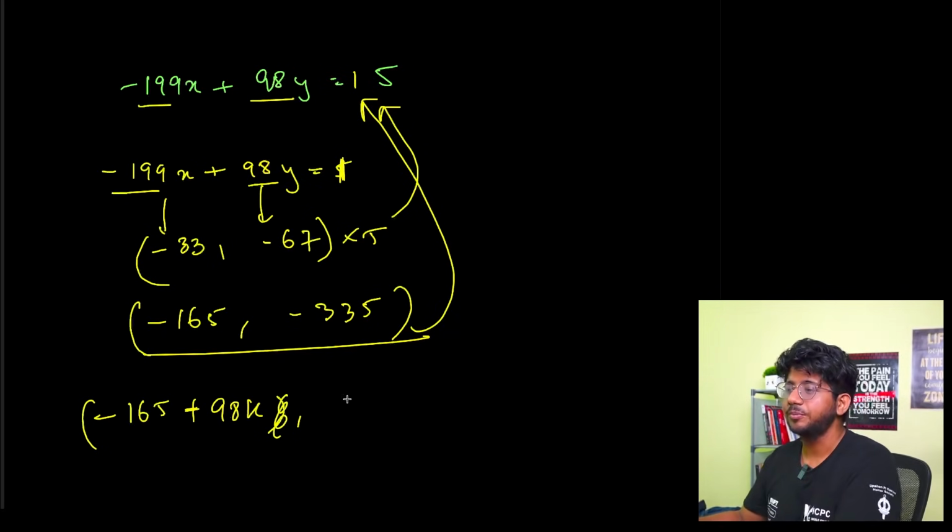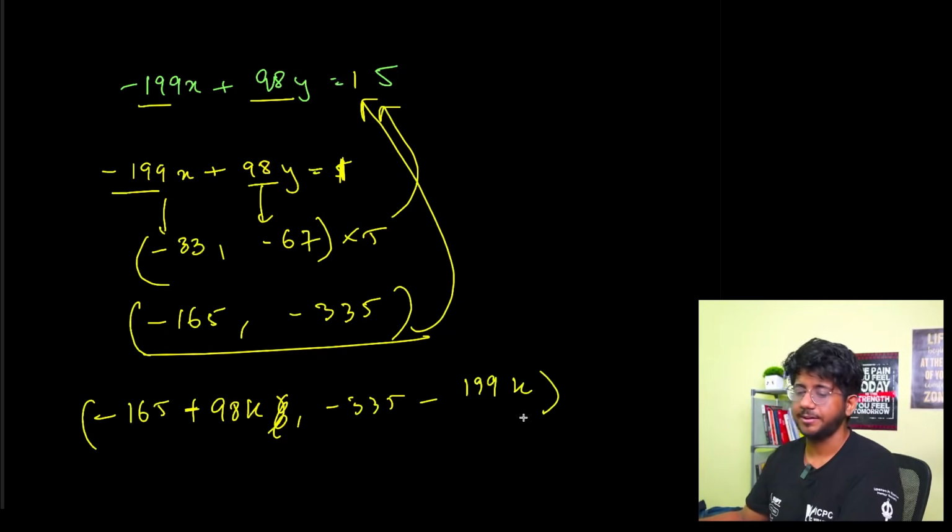And the other thing would be minus 335 minus the other number, 199 by GCD, times k.